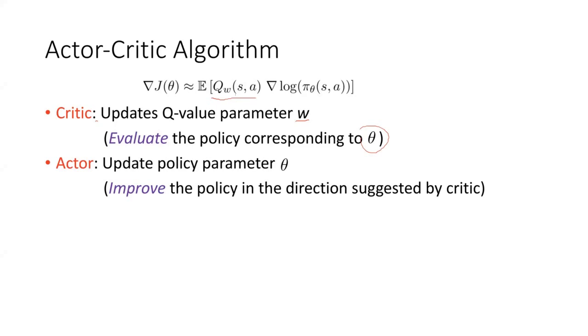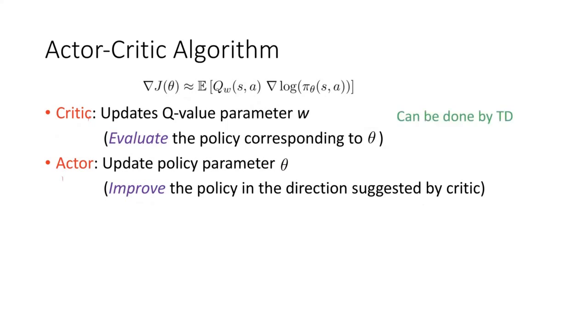Then it is giving a critique to the actor. The actor is the policy which is taking the action, that is why it is the actor. Then given the critic input Q_w, it can update the policy parameter theta, and improve the policy in the direction suggested by the critic. So combining this critic and actor, you get an actor critic network.